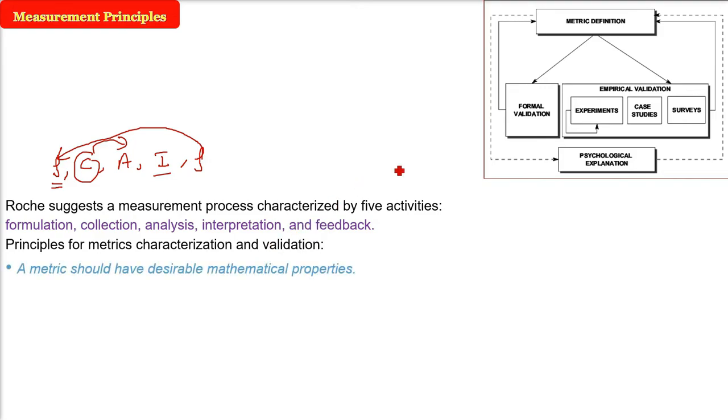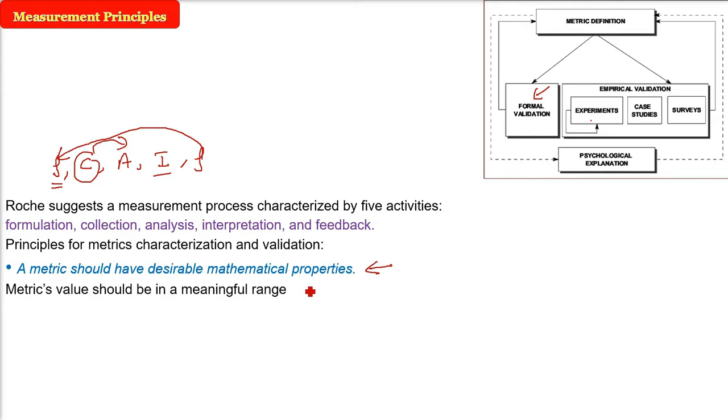So for the metrics, there are certain principles also, how to characterize the metric and also how to validate these metrics. Because a metric cannot be just thought up in a dream. You have to have certain properties for a metric. For example, a metric should have desirable mathematical properties. It cannot be subjective. A metric value should have a meaningful range.